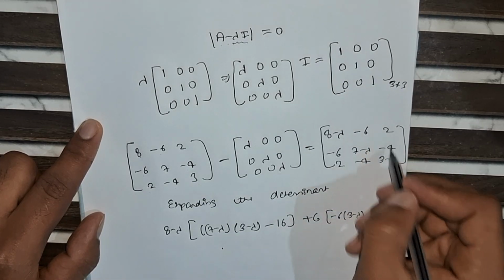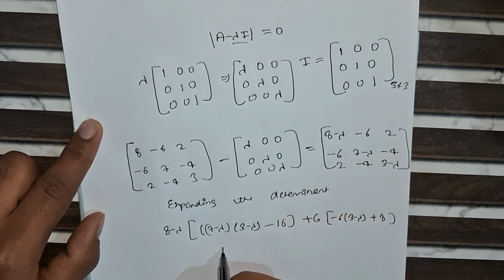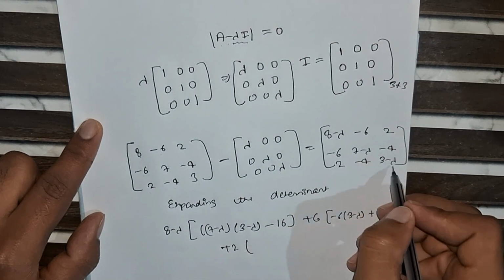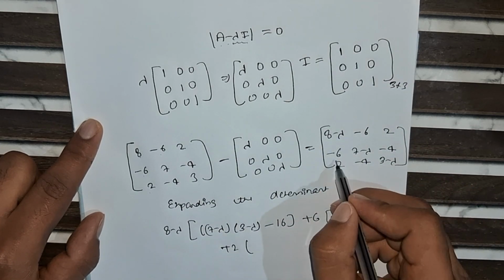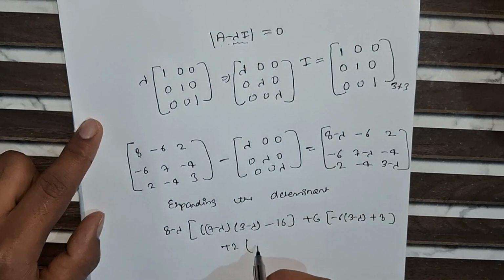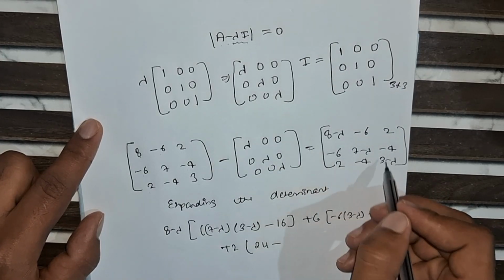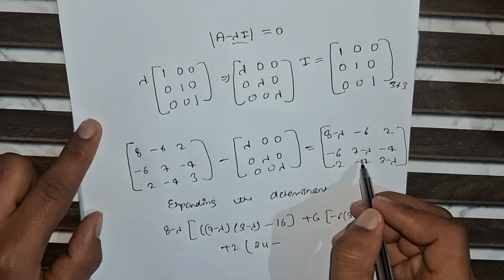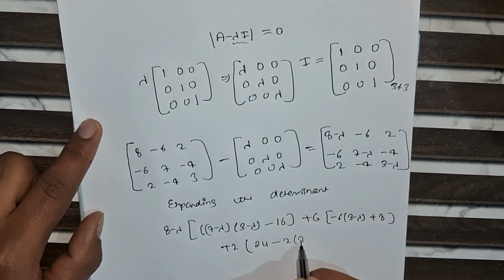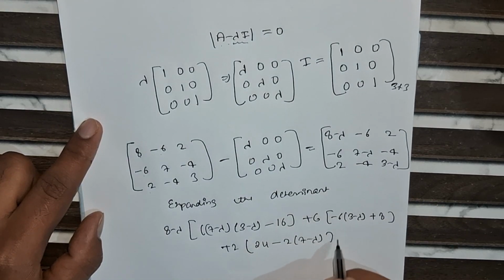Now expanding along column 3, which is plus 2 into minus 4 into minus 6, which is 24, so 24 minus 2 into 7 minus lambda, which equals 0.